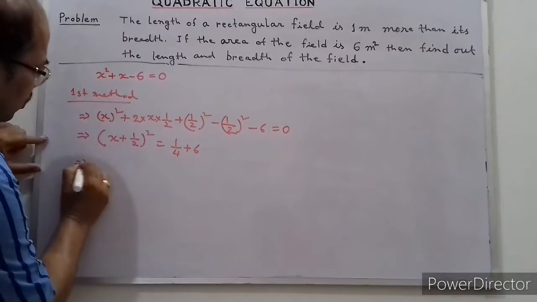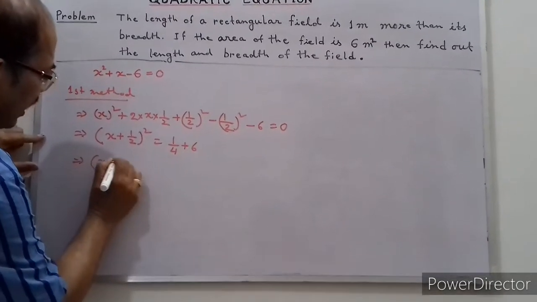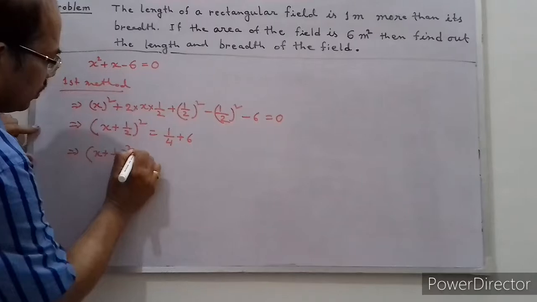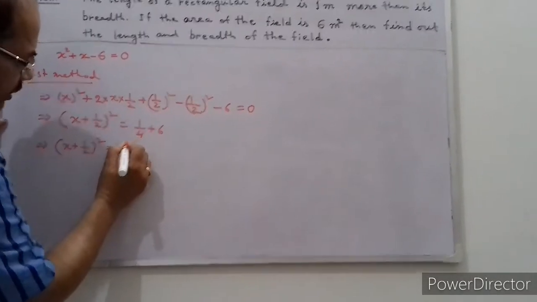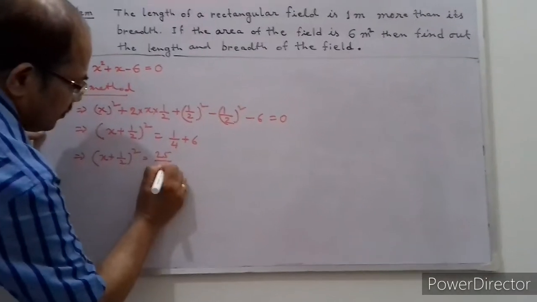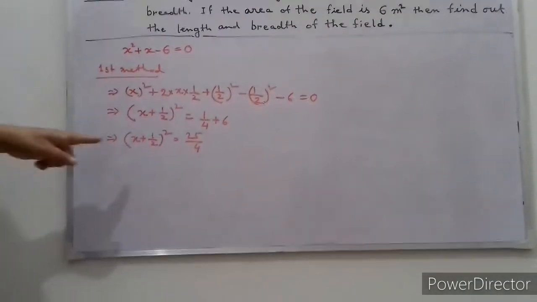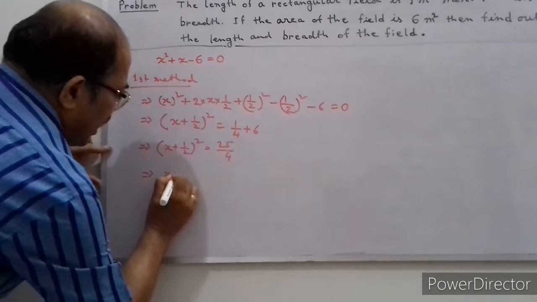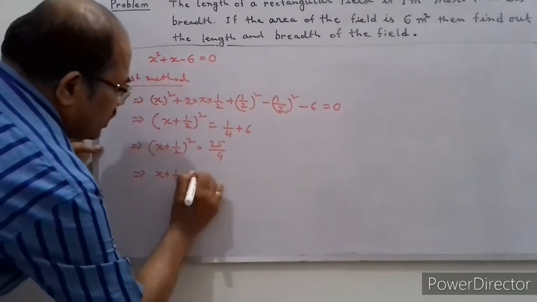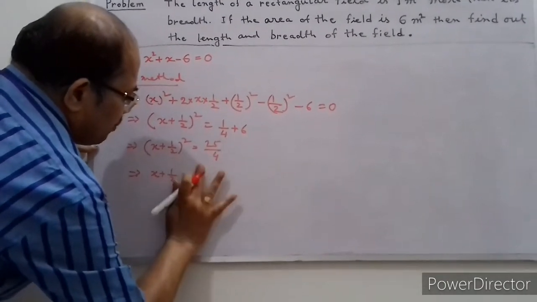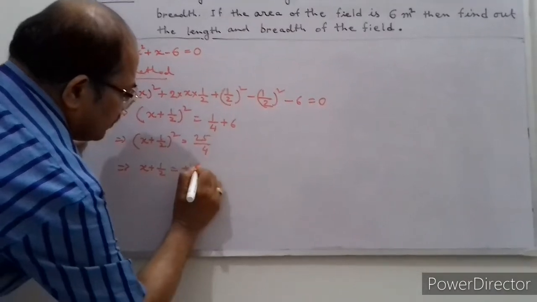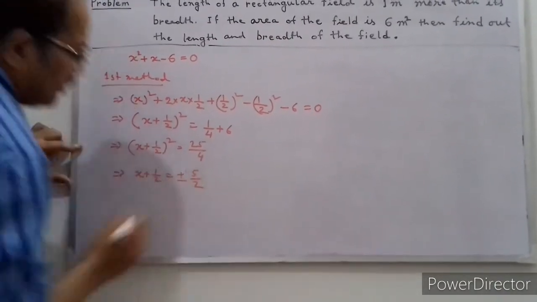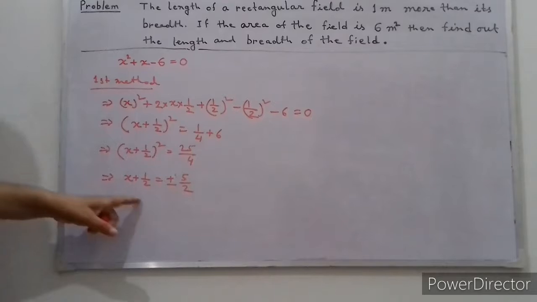So the whole square of x plus half equals 25 by 4. If we take the square root of both sides, we will get x plus half equals plus minus 5 by 2. Both are possible, plus 5 by 2 and minus 5 by 2.